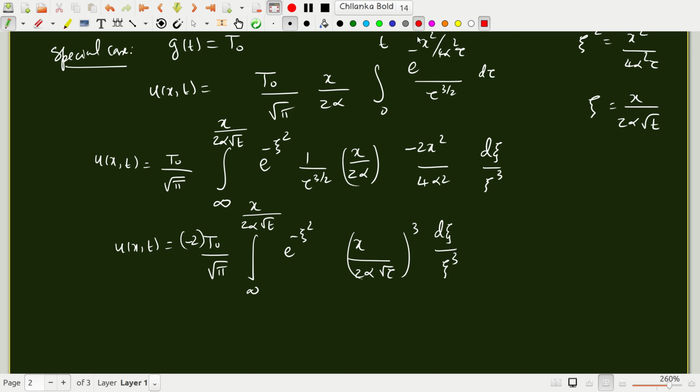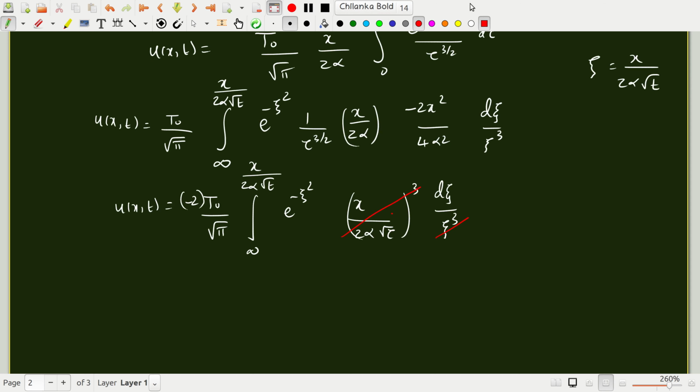If you realize, this entire thing is just zeta cubed, so this 1 over zeta cubed cancels with this, finally giving u of x,t is minus 2 T naught by root pi, integral infinity to x by 2 alpha root t, e to the minus zeta squared d zeta.